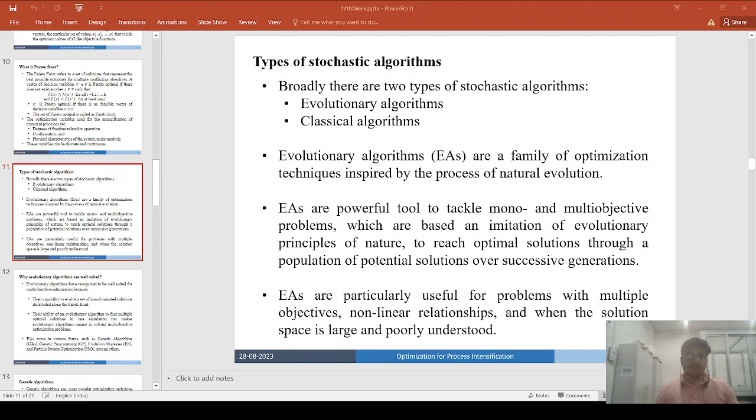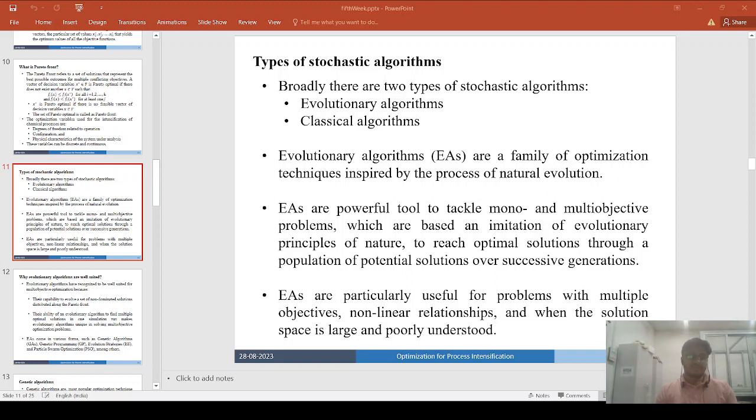Now, in the evolutionary algorithm, the generation of the Pareto front can be done. In order to generate the Pareto front, basically the set of optimized solutions, the classical method addresses the multi-objective problem by making it a single objective problem.